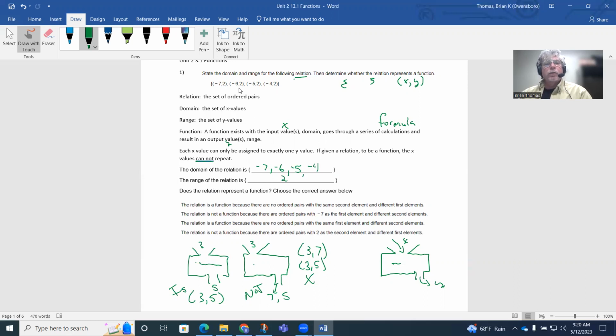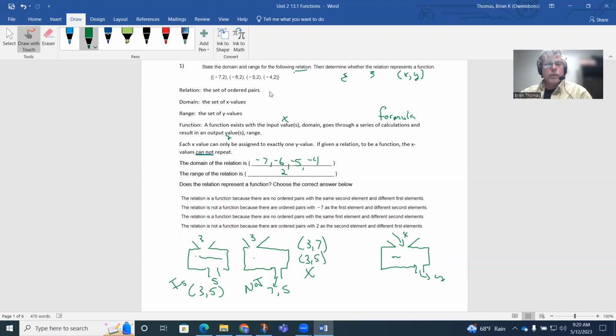So the -6 went in, it kicked out the same y value, which is fine. The -5 goes in, it goes through a bunch of calculations and kicks out a 2, and again, I don't see a -5 with any other y values. The same way with the -4, it's only paired with one y value. So that meets the characteristics of a function.